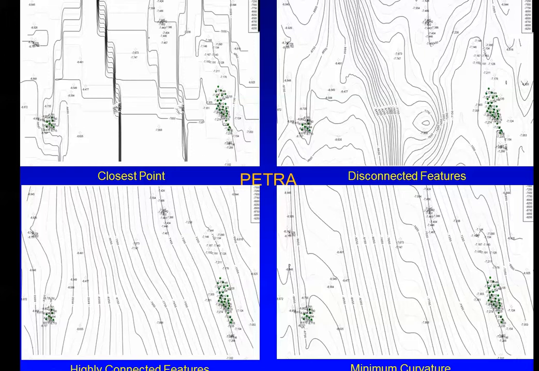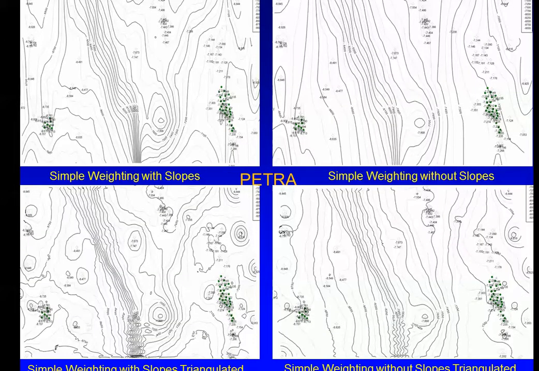Here are the various maps made by some of the systems using these same data. Notice anomalies are appearing in these maps. If you see anomalies like this, it means one of two things.